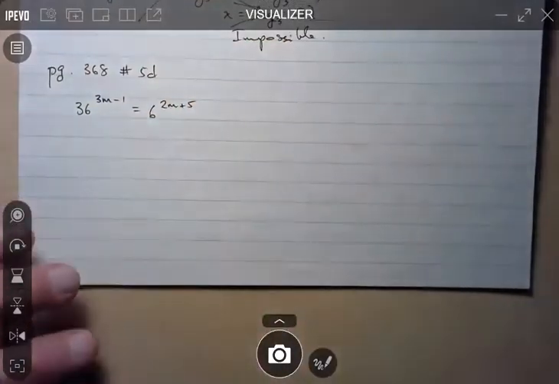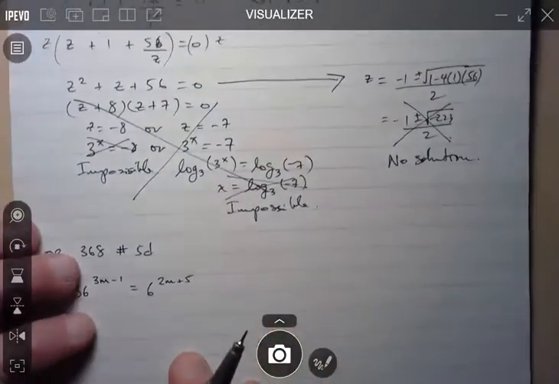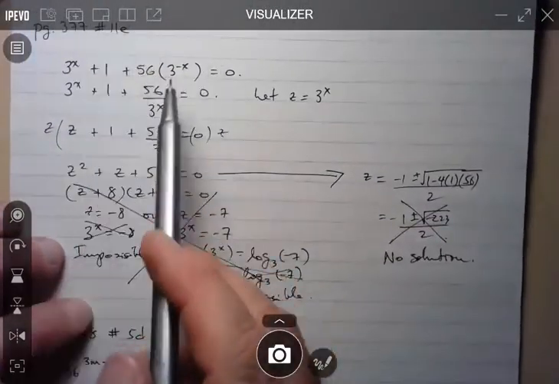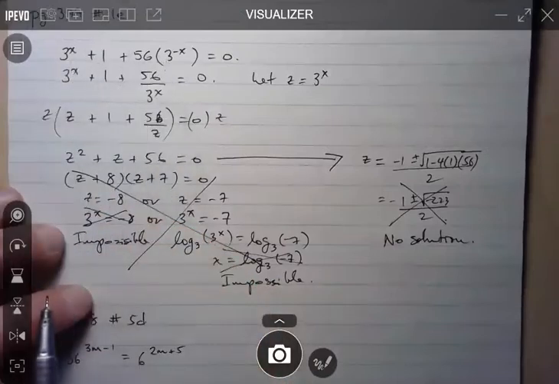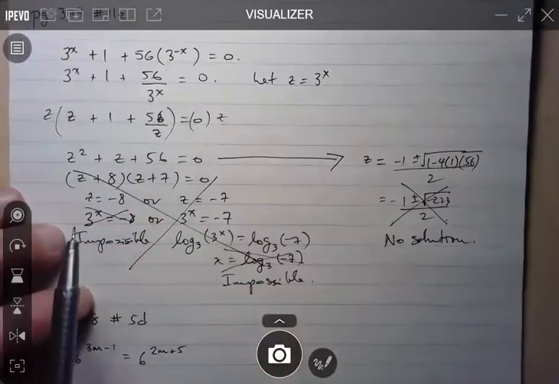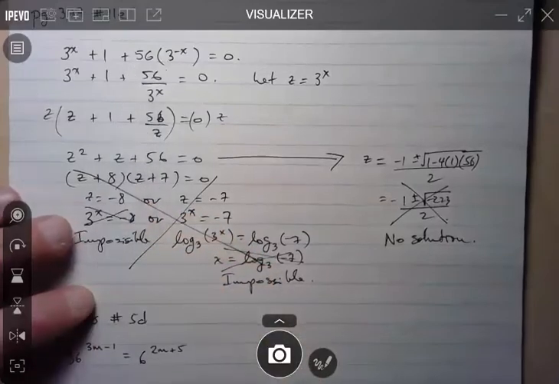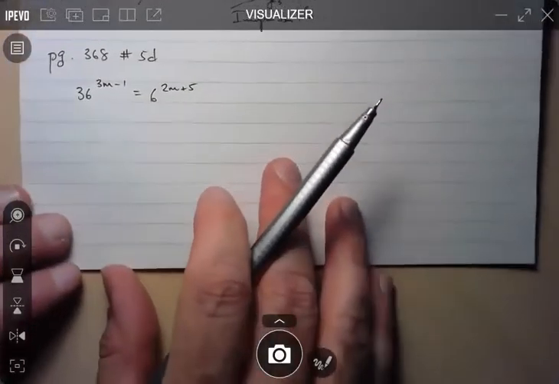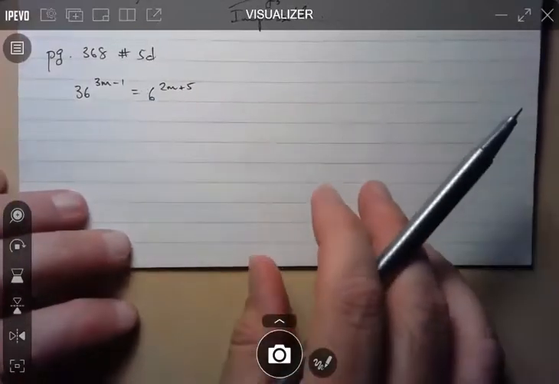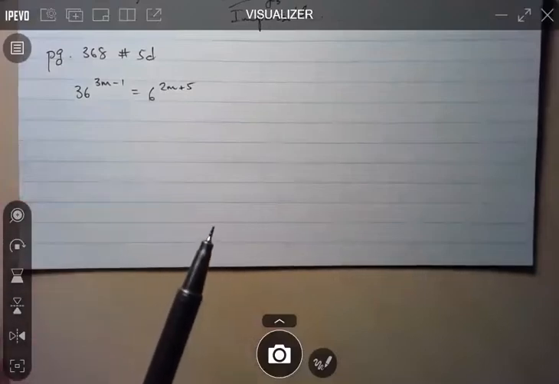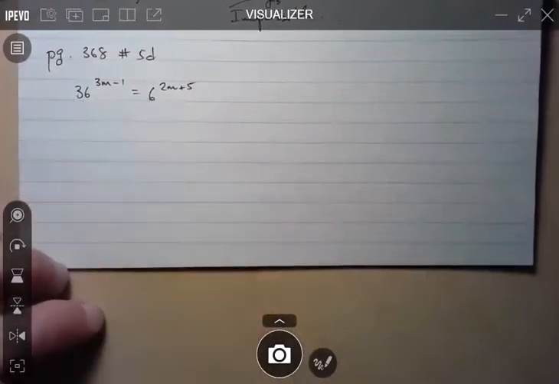Now, in the next lesson, we're going to see that, very clearly, not all equations are going to be able to be solved in this way, where you can get the exact same power in all of your expressions. This is a very special type of example. We're going to end up with equations where you have different powers, okay? And there is going to be a strategy for solving those, but this is a very special situation, okay?